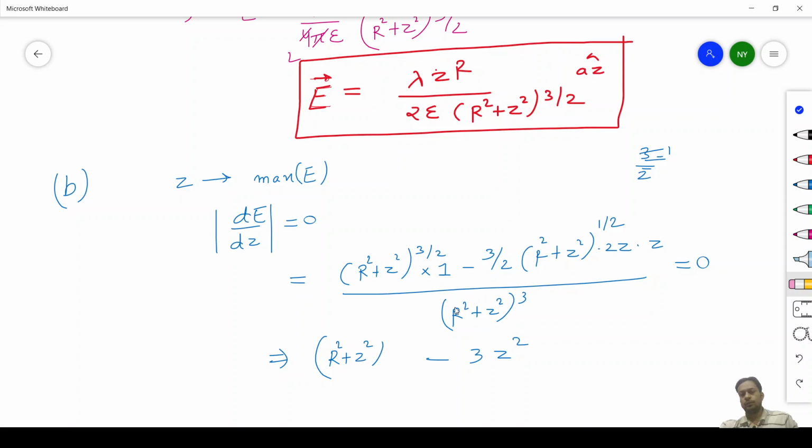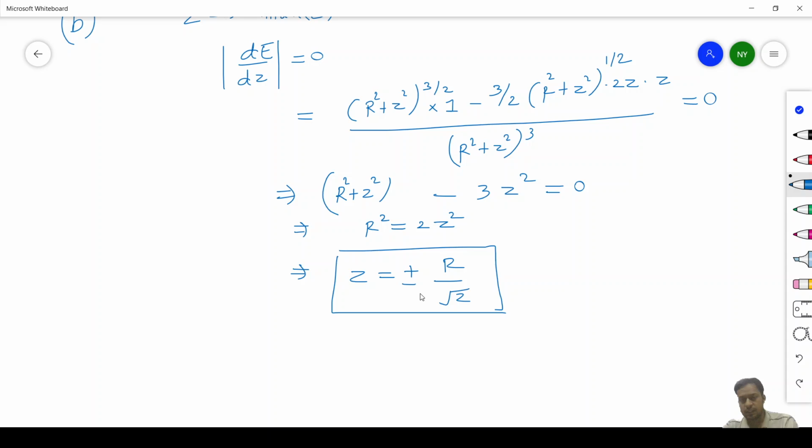So from this we will find that z is equal to plus minus r upon under root 2. So this is the value of z we have to put to get the maximum electric field.